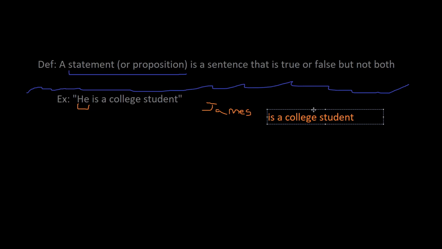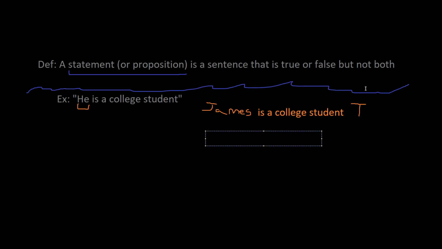And so let's say this statement is true. Right, we don't know if it's true or false, but let's just say it's true. And so then we're going to have this next statement right here. It's going to say Bob is a college student. And let's say this is false.